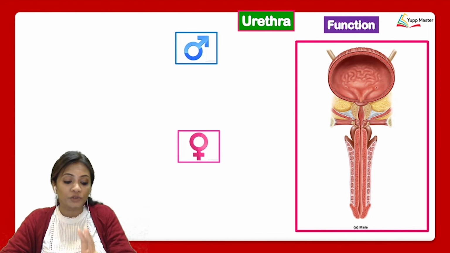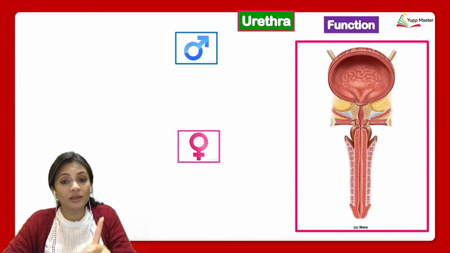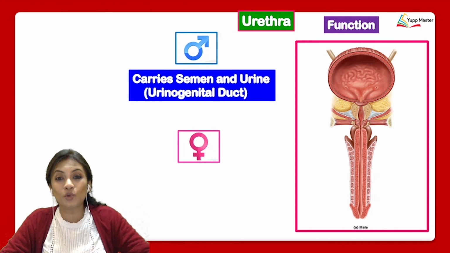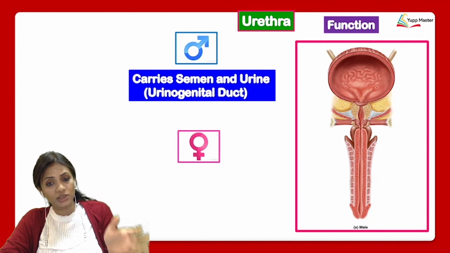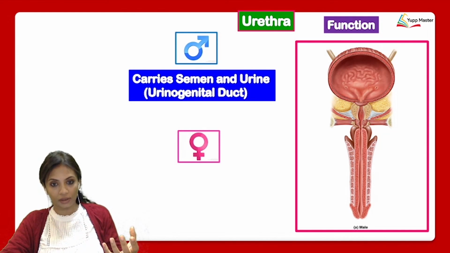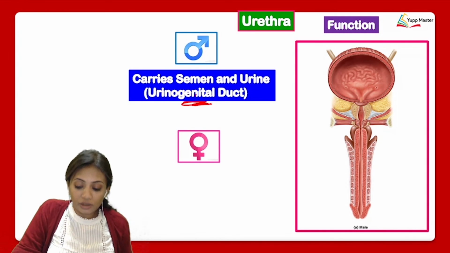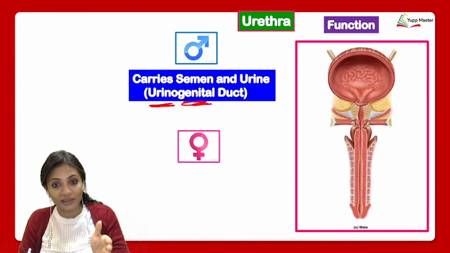The urethra not only carries urine, but also carries semen. What is semen? The genital fluid, the fluid which carries sperms. So in males, because it carries genital fluid as well as urine, it's called a urinogenital duct.